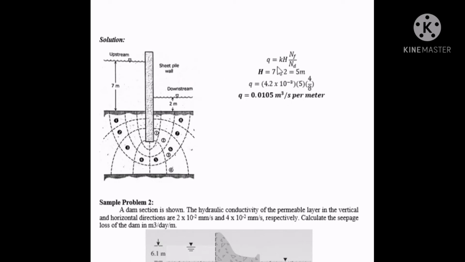In the problem, there's no given value of Kx and Kz. And that means there is only one coefficient of permeability. That means it is an isotropic soil and the flow of water through vertical and horizontal direction is the same, or in all directions.